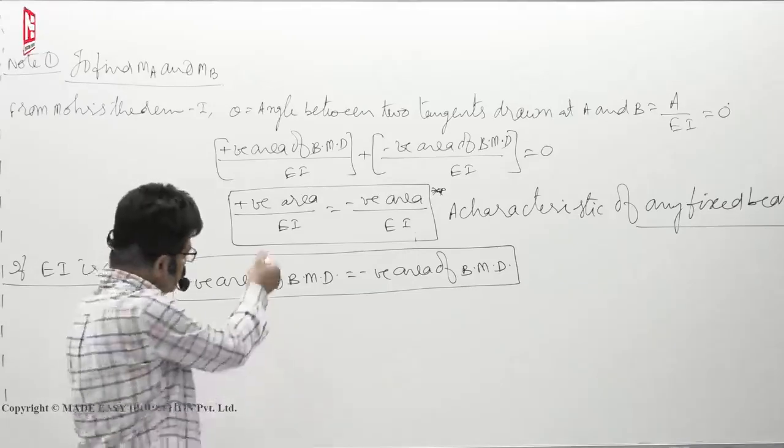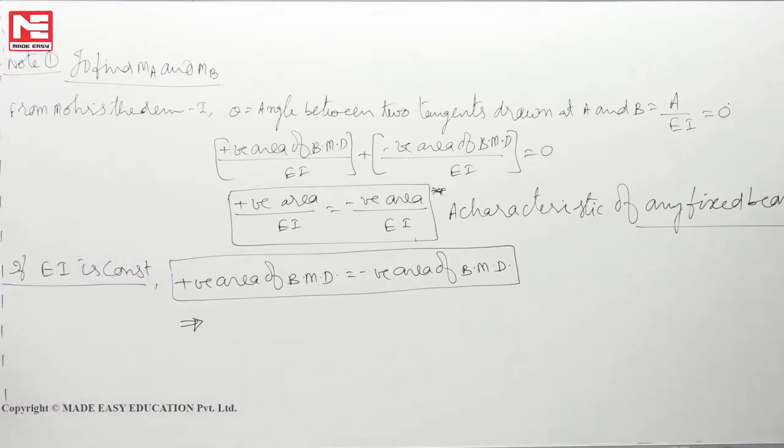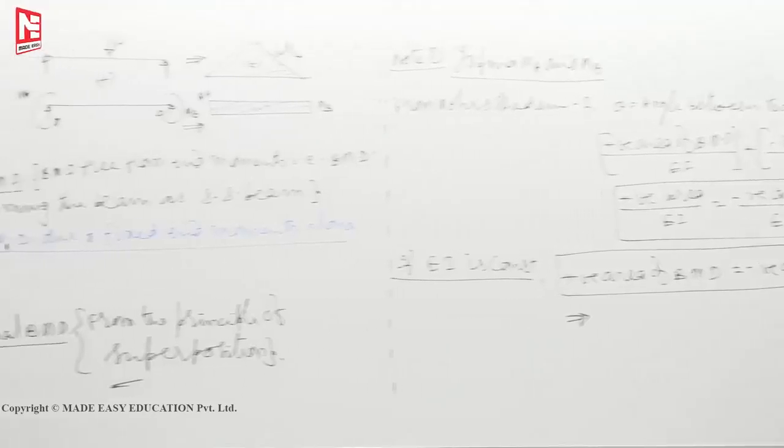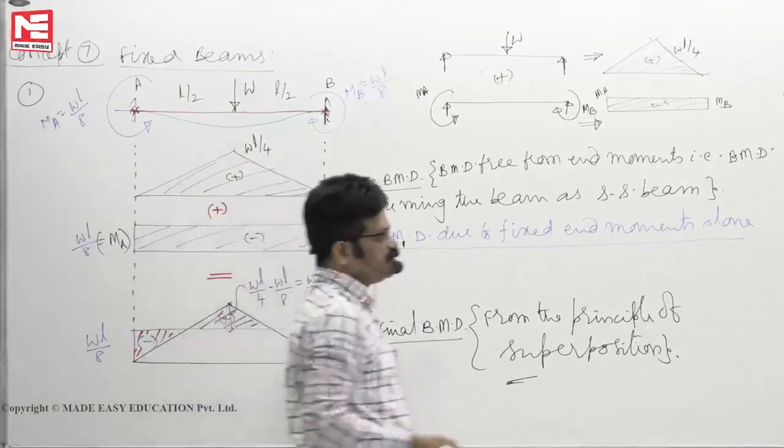But if not constant, you have to calculate separately. In this case, positive area, the black color bending moment diagram, is half base into height. Negative area is MA into L. Its value we have already written, but if not, we could have written MA or MB. This value is actually MA, this is MB, and both values have to be the same.